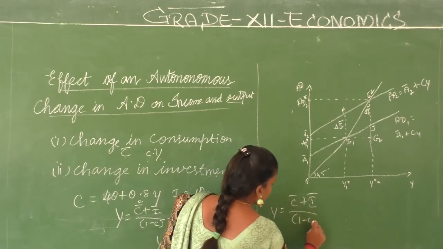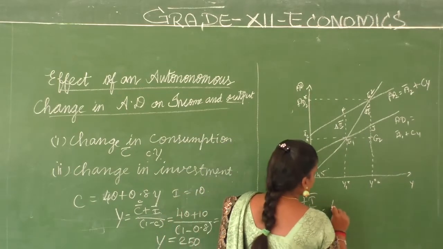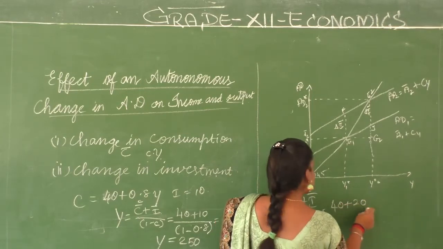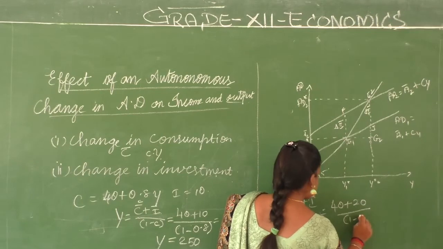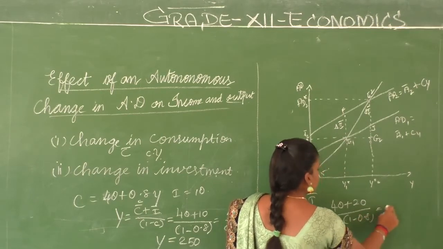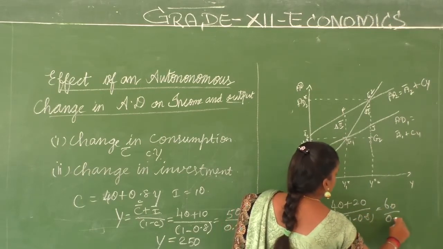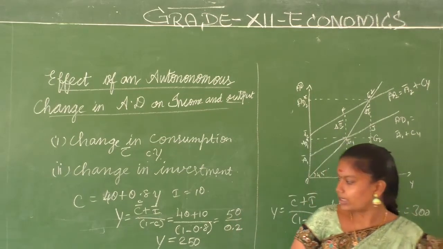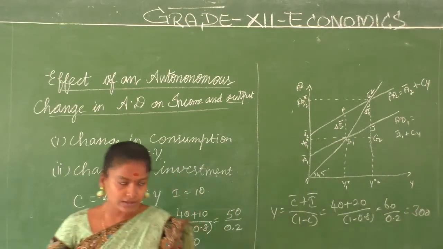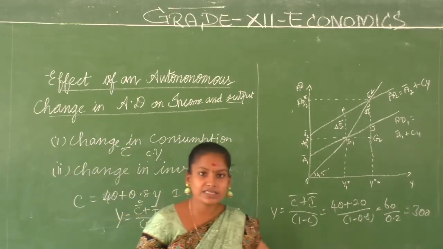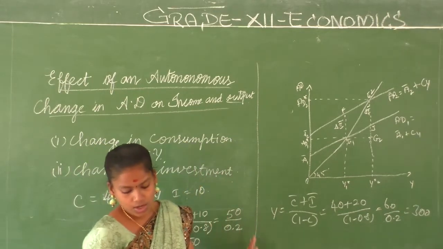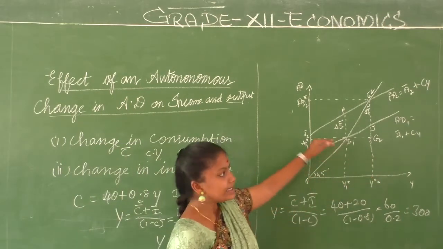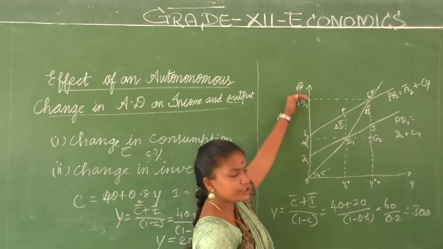Divided by 1 minus c. So you will get 40 plus 20 by 1 minus 0.8, 60 by 0.2, so you will get 300. This is kept as AD1, Y1, and this is kept as AD2 and Y2. So when investment increases, AD1 is here and it shifts parallel to AD2.